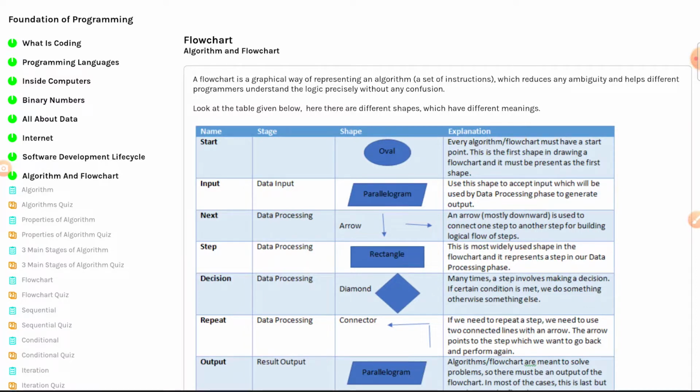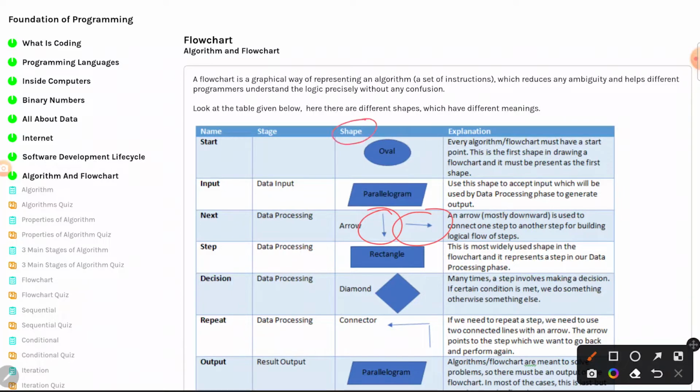Now, a flowchart is made up of several parts, and a flowchart has different shapes, including arrows. Each of the shapes has a purpose. It provides a functionality.